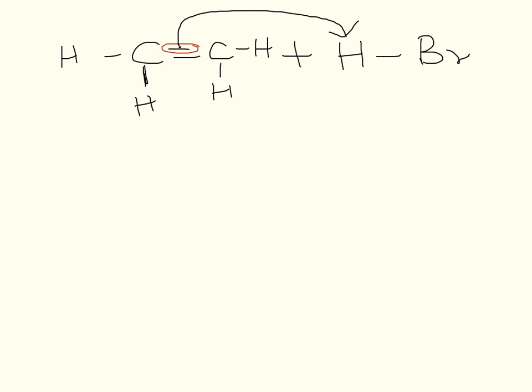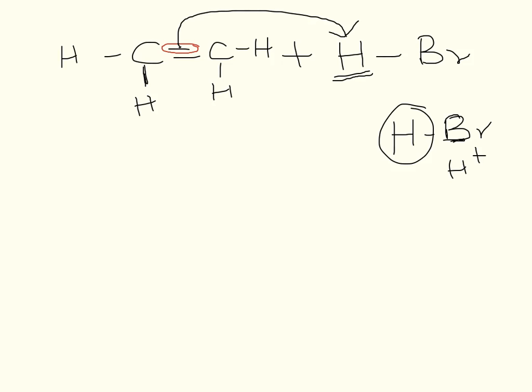If you remember your acids and bases, HBr can dissociate, and the H can be given out as H plus. So this double bond reacts with the H plus of the HBr.